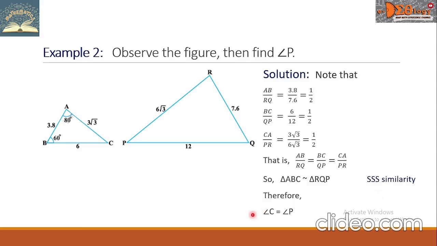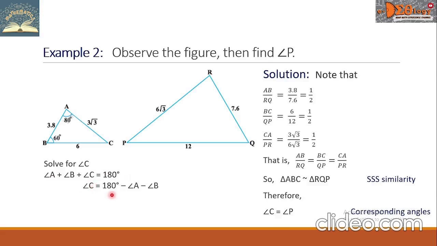Therefore, the angle C is equal to the angle P because the two angles here are corresponding angles. We can see that we can solve for angle C in this triangle. We know the formula that angle A plus angle B plus angle C equals 180 degrees. We can isolate the angle C in the left side.